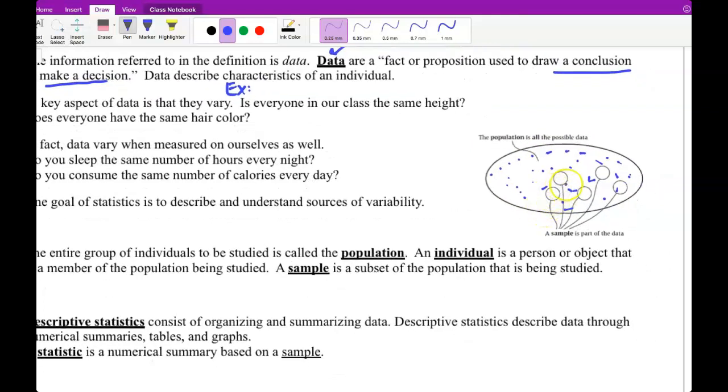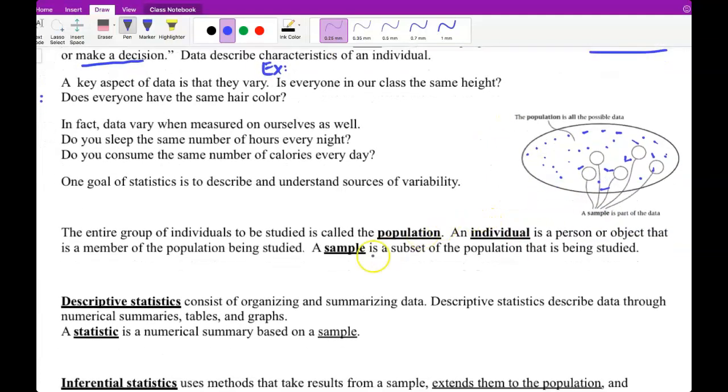And what we chose to have, these 5 circles, is like having one of these. Each one of these that I have in blue is a sample. So our sample in this case is these 5 circles. A sample is a subset of the population. So it's part of our population.